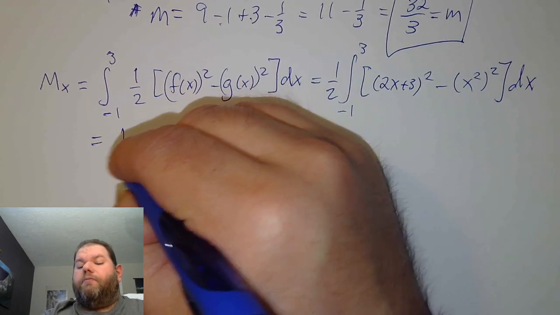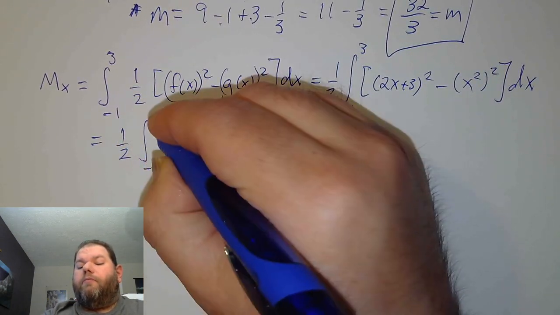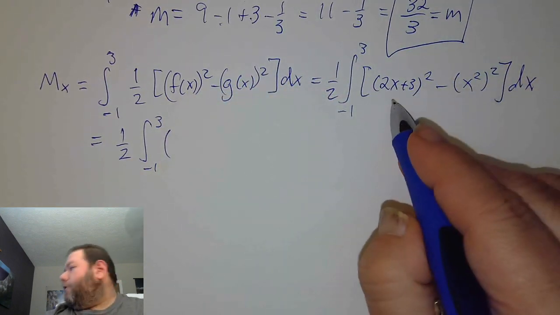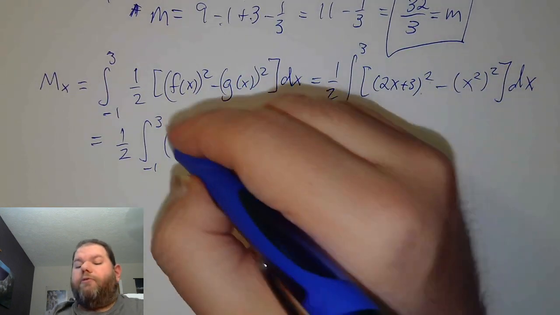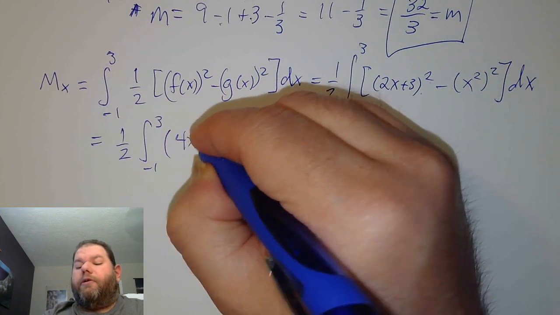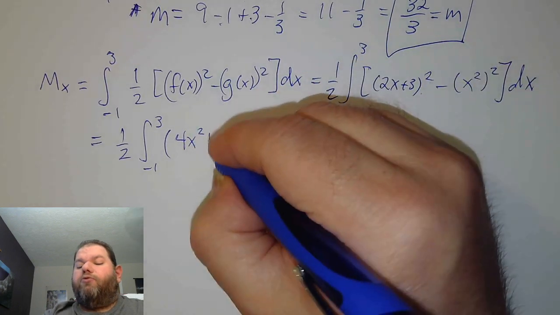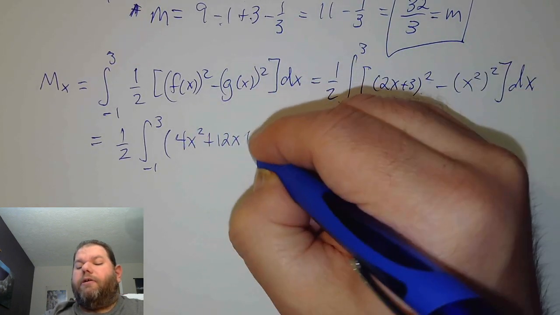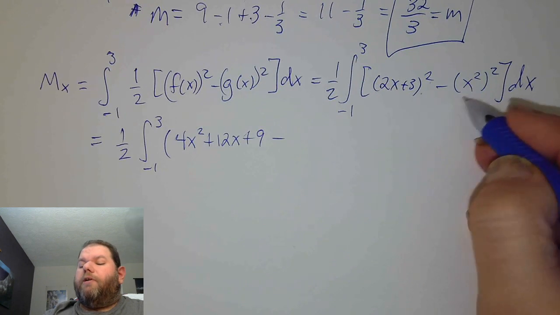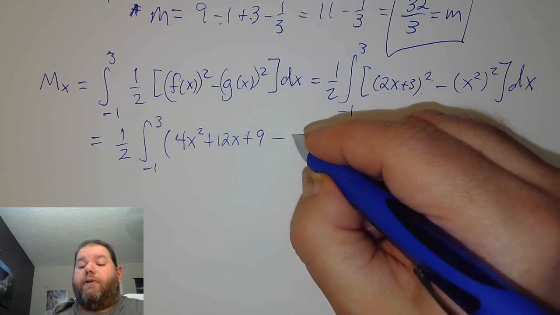So 2x plus 3 in parentheses squared will give us 4x squared plus 12x plus 9 minus x squared squared, which is x to the 4th.